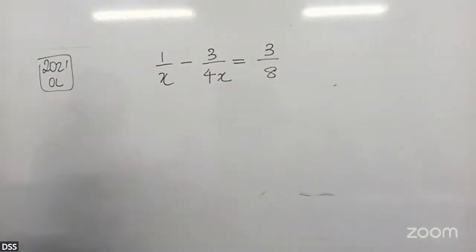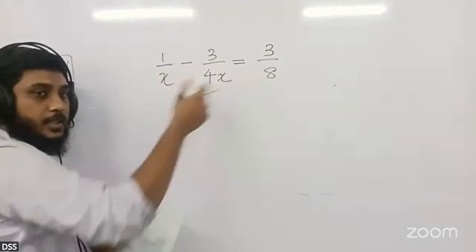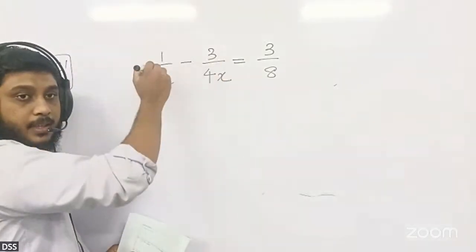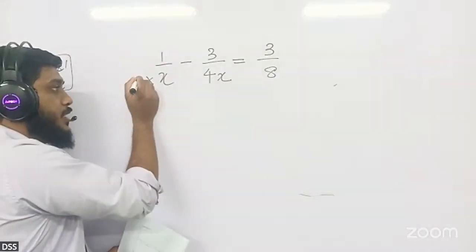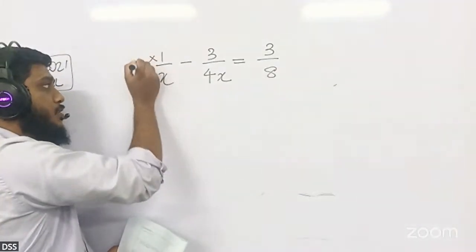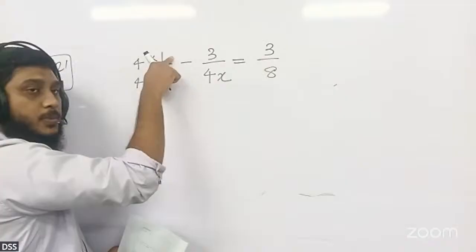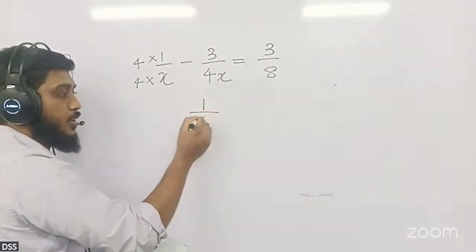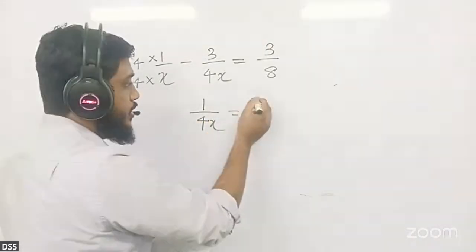But now you can see the left side is a fraction, the right side is also a fraction. So first of all, solve the fraction on the left side. How can I solve it? Multiply this side by 4, this side also by 4. Now 4 into 1 is how much? 4. 4 minus 3 is how much? 1. So 1/4x equals 3/8.